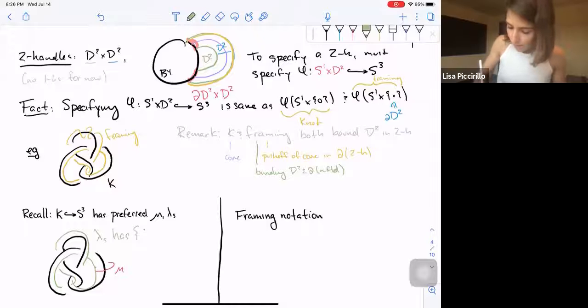For one, it has to intersect the meridian in a point. And for two, the homology class of this curve has to be 0 in the homology of the knot complement.